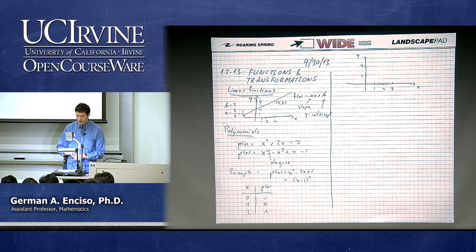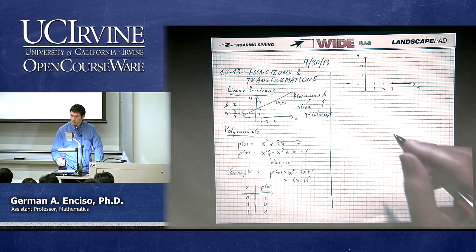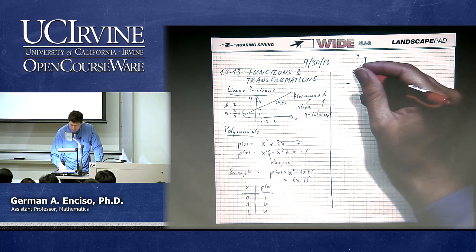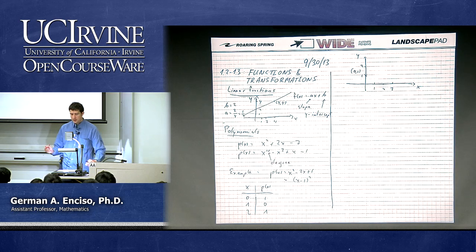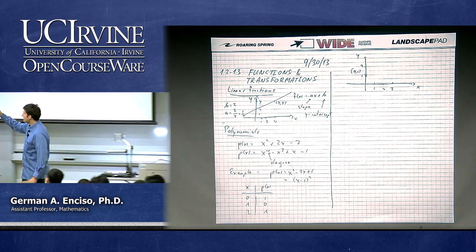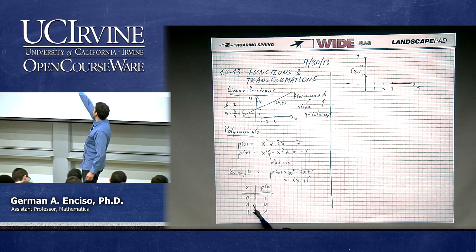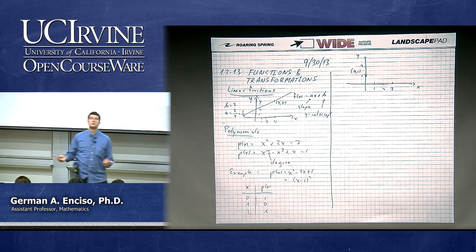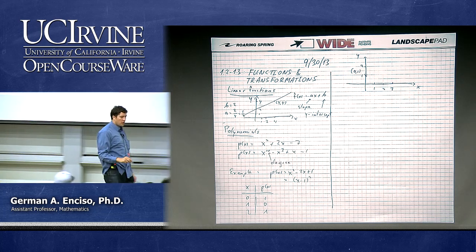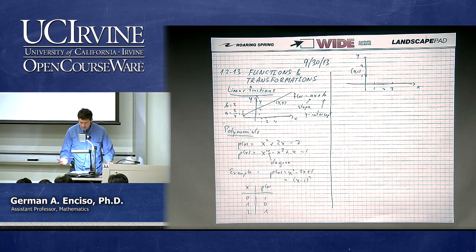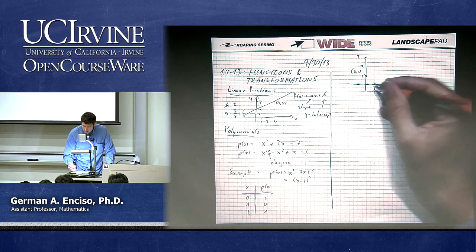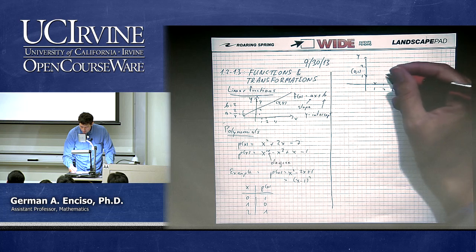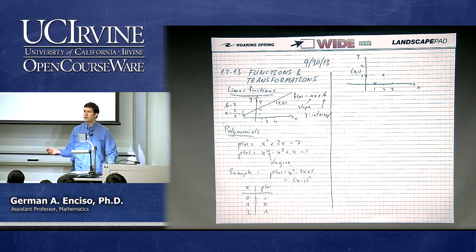Where is the point 0, 1? On the y-axis, that's right. So because the value of the function at 0 is 1, we know that the graph of the function goes through that point. What other point does the function go through? 1, 0. It's also on the function. What about the point 2, 1? It's also on the function, right?